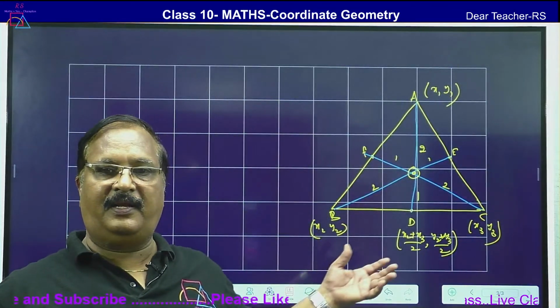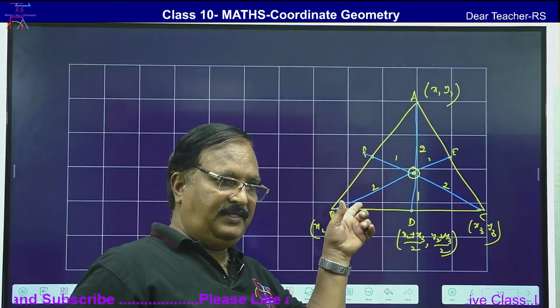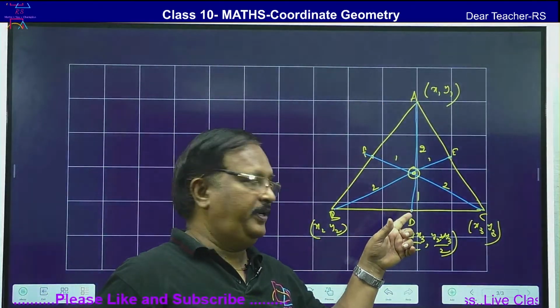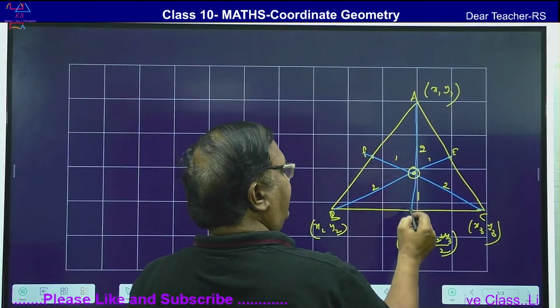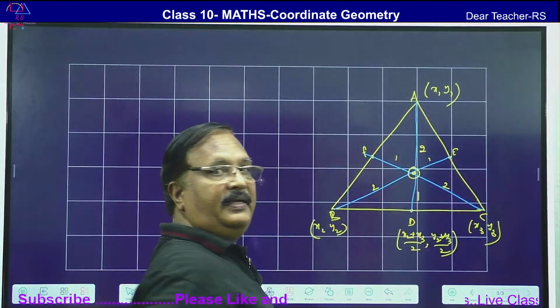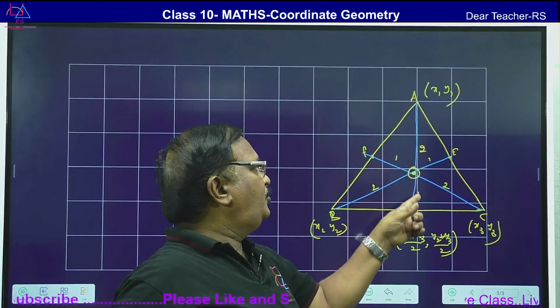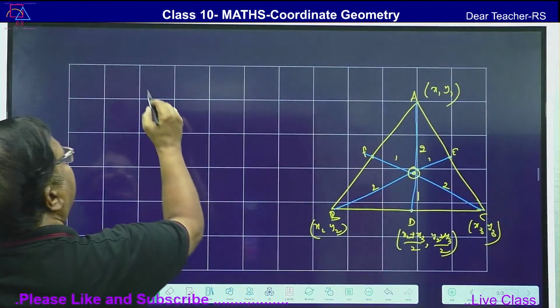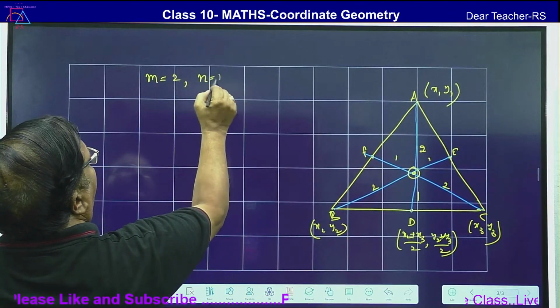Apply the midpoint formula. Now AD is divided by the centroid in the ratio 2:1. That means m is equal to 2, n is equal to 1.